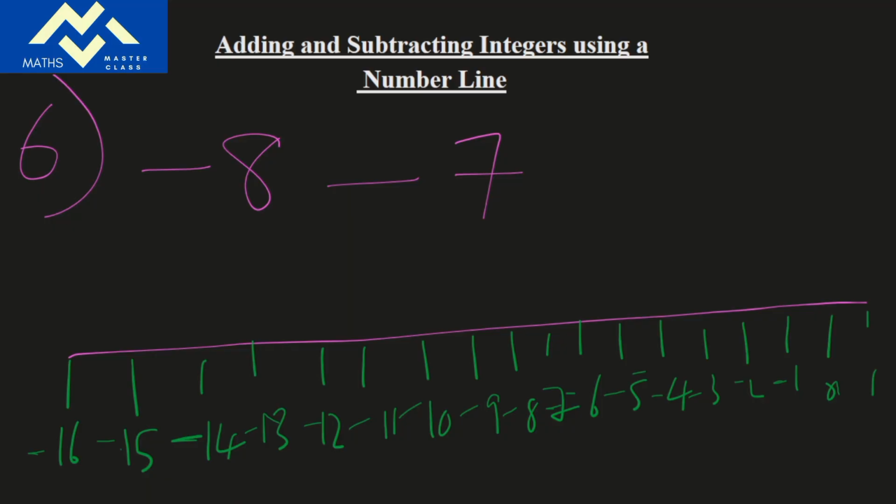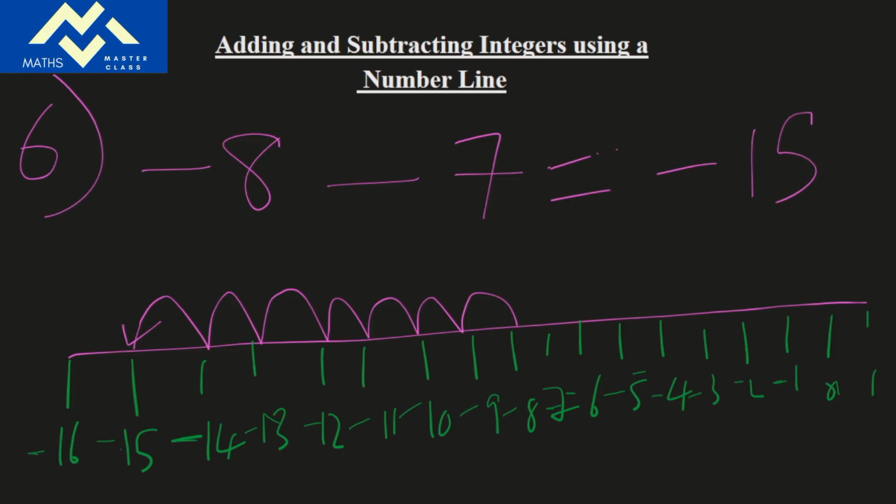We are subtracting 7. Move 7 steps to the left. 1, 2, 3, 4, 5, 6, 7. We land on minus 15. So minus 8 minus 7 is minus 15.